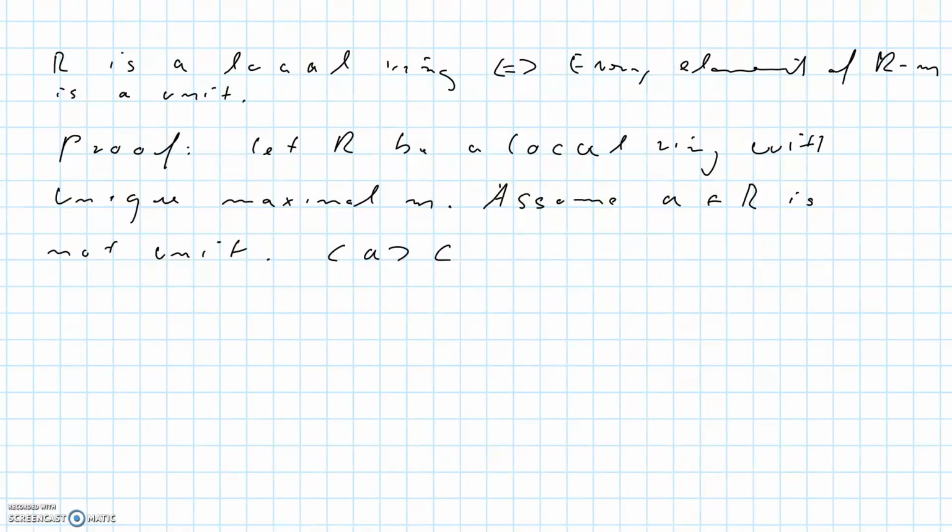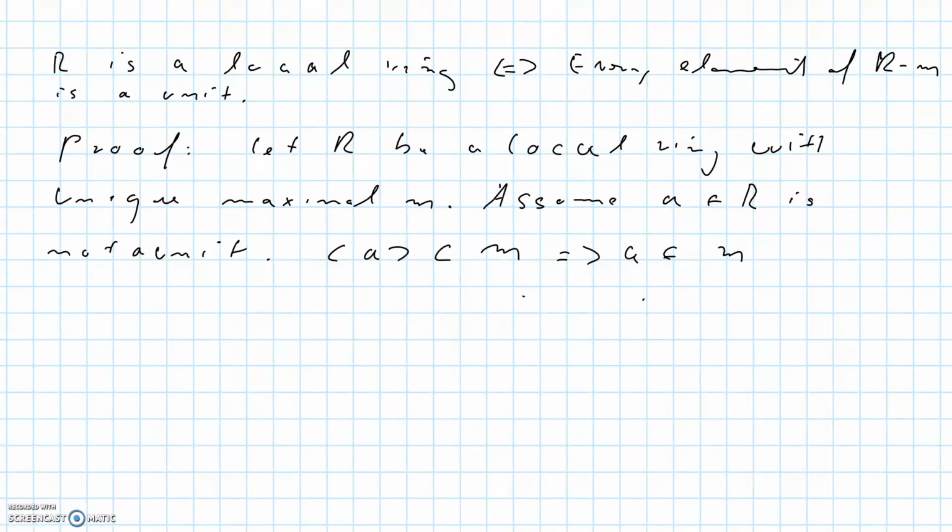So, since by assumption there is only one maximal ideal, we have that this ideal generated by a is in M. And this, of course, implies that a is an element of M, because the ideal generated by a is in M, so in particular a has to be in M.